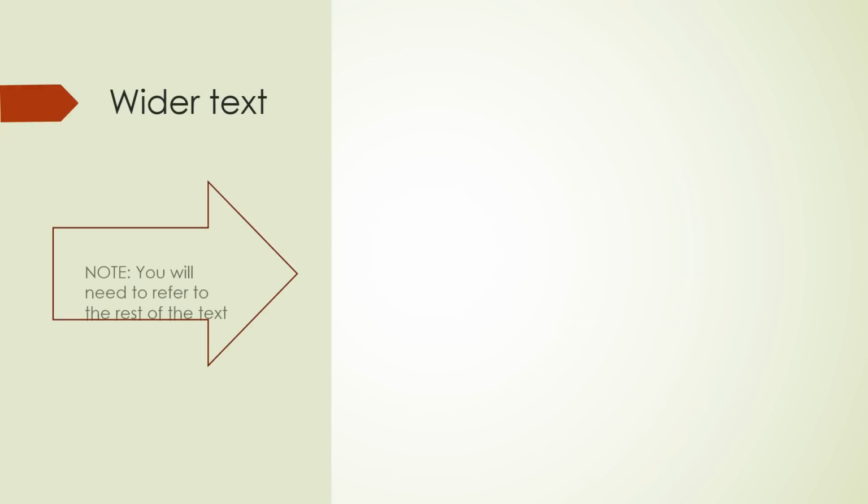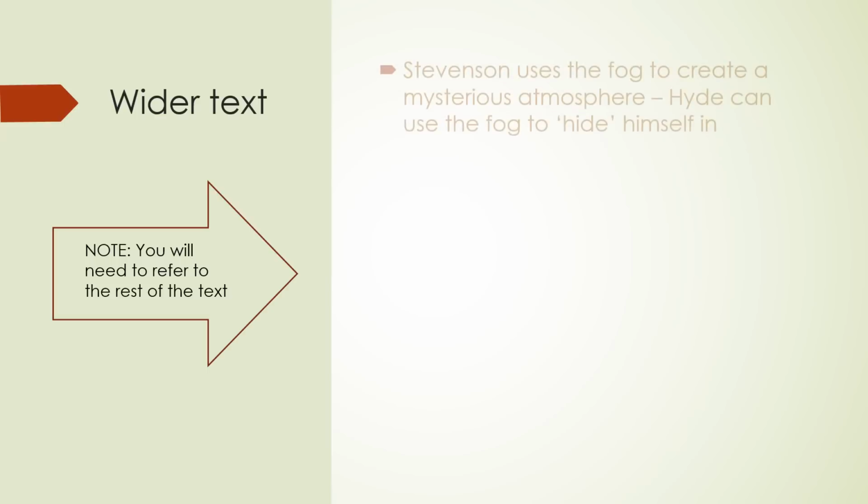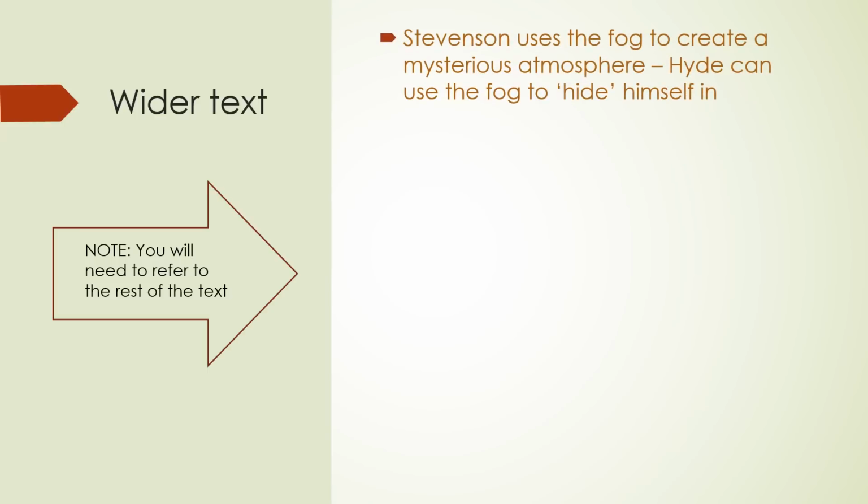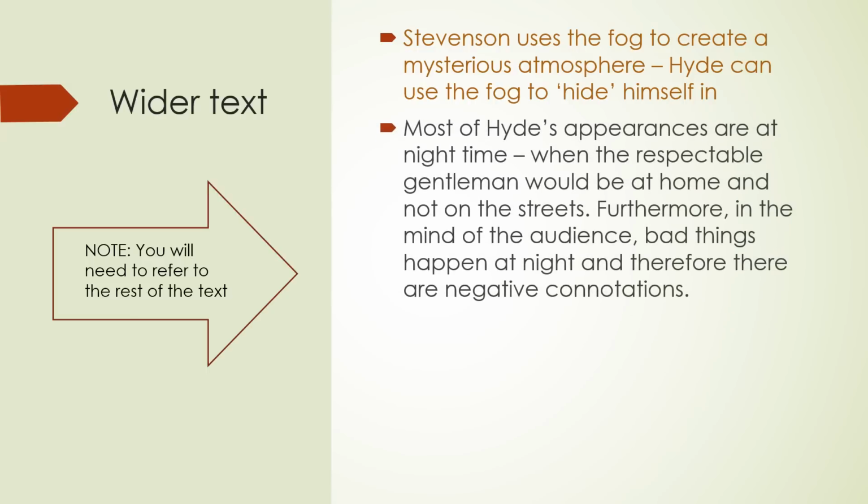Wider text. Remember, you need to refer to the rest of the text. You'll be given an extract, but you also need to refer to the text as a whole. Stevenson uses the fog to create a mysterious atmosphere. Hyde can use the fog to hide himself in. Most of Hyde's appearances are at night time, when the respectable gentleman would be at home and not on the streets.